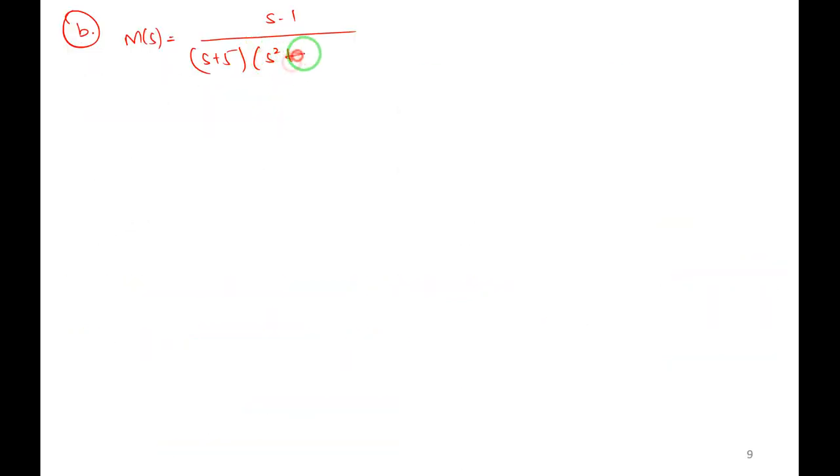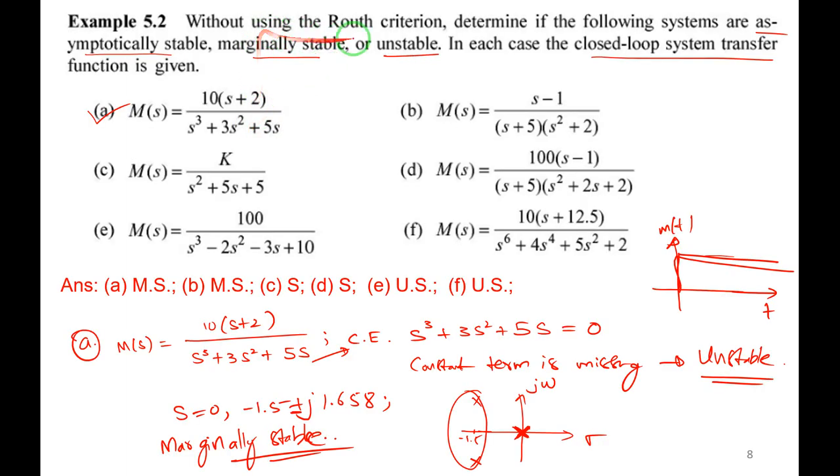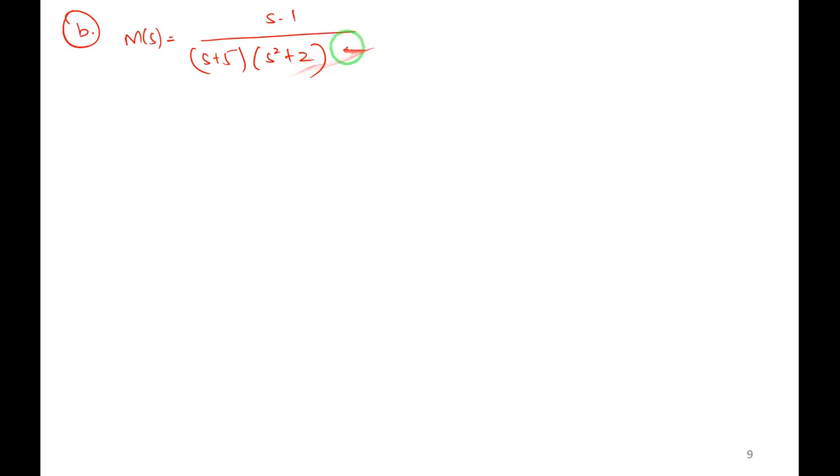Without using Routh criteria, we don't know what Routh criteria is right now, so we have to solve for the roots only. We'll go for the characteristic equation: s plus 5 into s square plus 2 equal to 0.